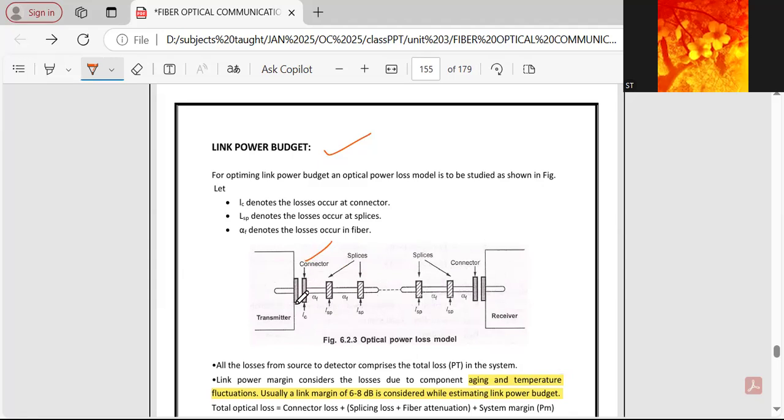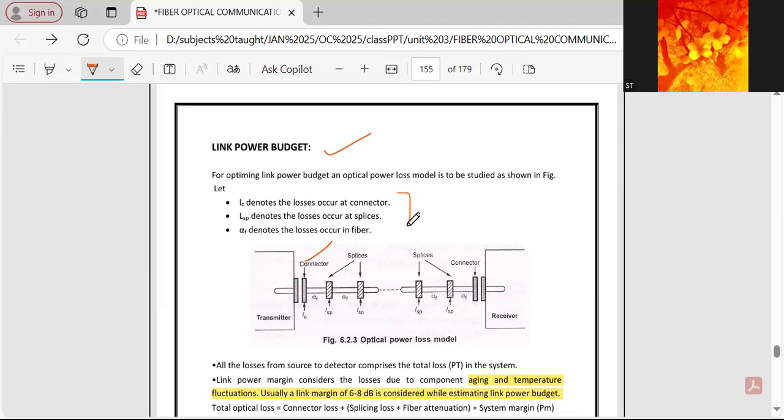All the components in this link which contribute to the loss, we have to calculate the losses due to these components. The loss occurring at the connector end is given by LC, the losses occurring at the splices are denoted by LSP, and alpha F denotes the losses occurring inside the optical fiber.